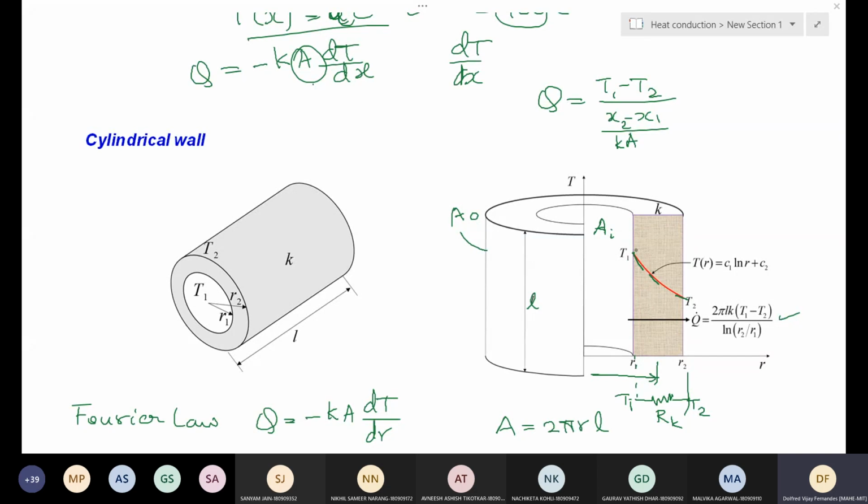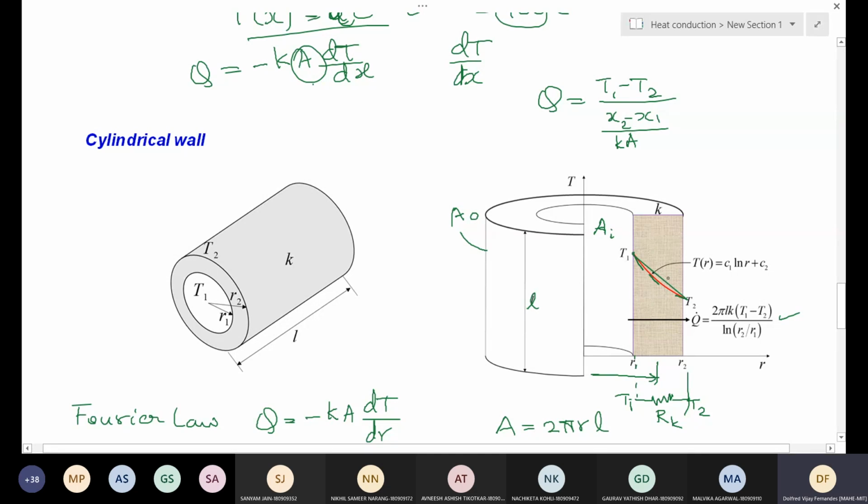Also, if you draw the temperature profile here, the straight line profile you can draw. Where the area is less, that is the inner surface, the least area, the temperature gradient is high. If you compare that gradient for the planar and the cylindrical, you will know the answer.